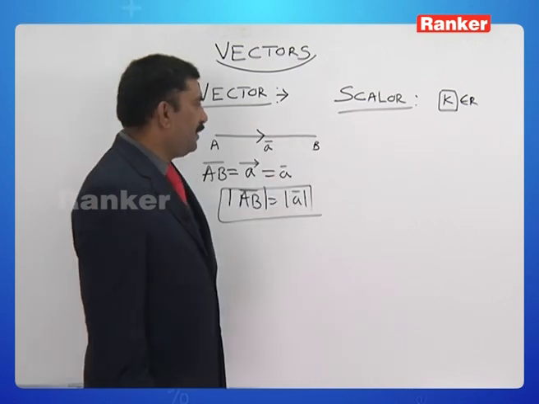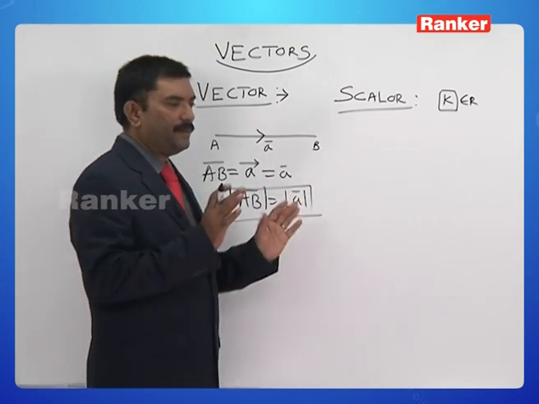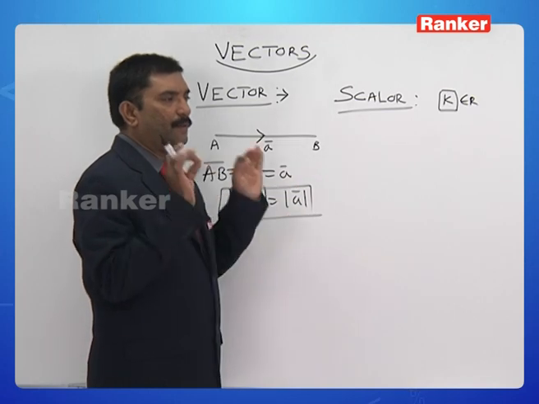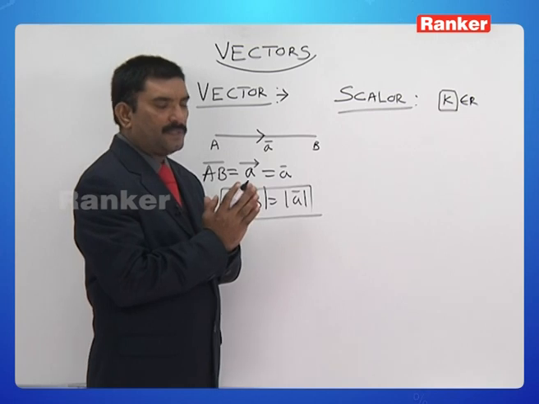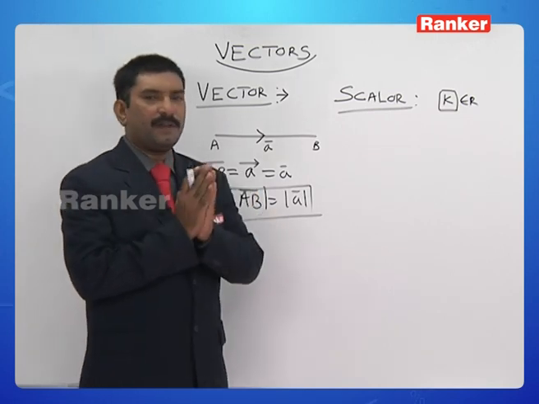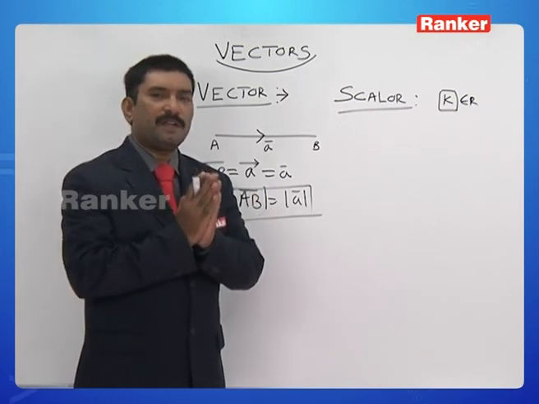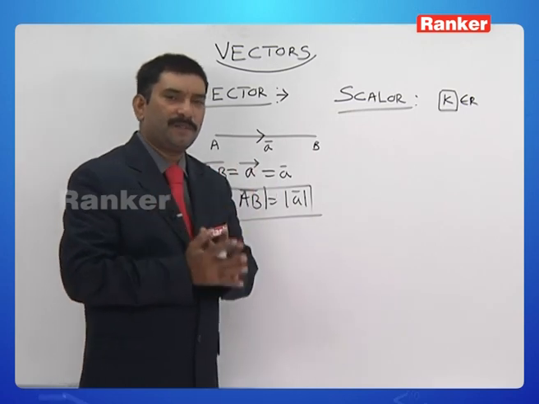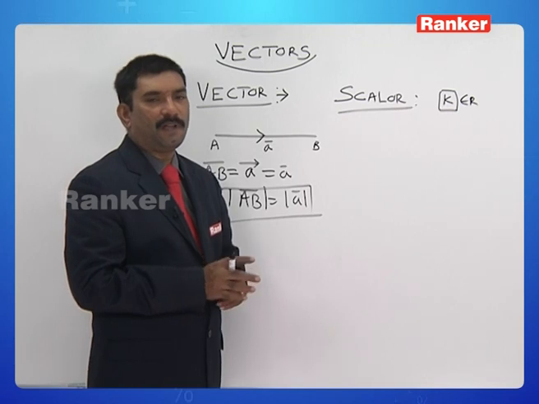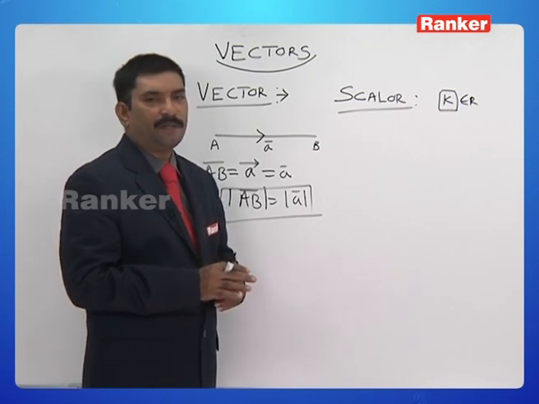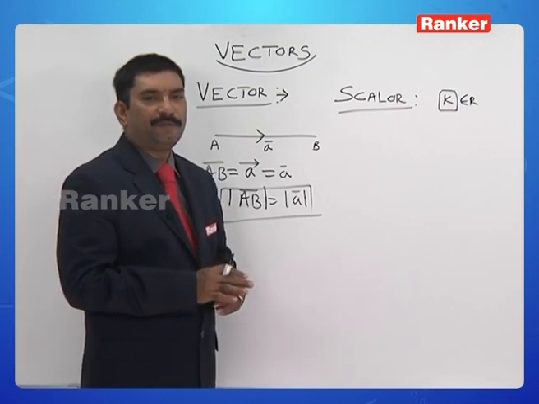So now we come across two definitions: one is a vector, another is a scalar. What is a vector once again? A vector is a physical quantity having both magnitude and direction. A scalar is a physical quantity having only magnitude but no direction.